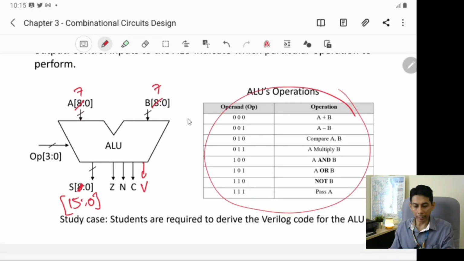So when we look at this, how to design an ALU? First thing is that we can design A plus B using an adder. We can also design A minus B, which is the subtractor. We can design a comparator, A compare B, which is actually the same circuit.